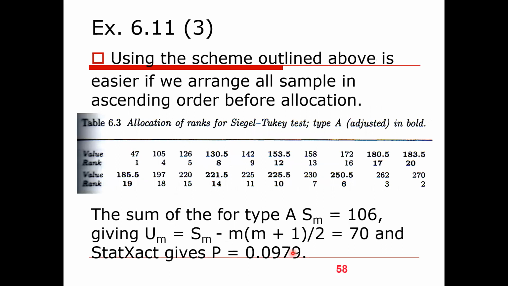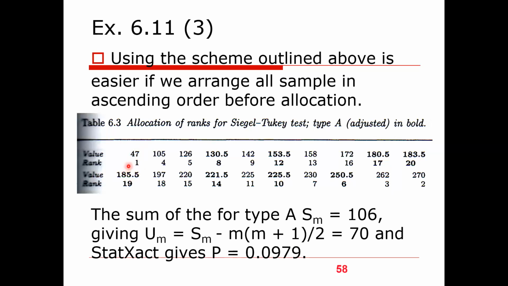Then, using the method we introduced to rank this data, first, the one combined big sample in ascending order is marked as values in row 1 and row 3.